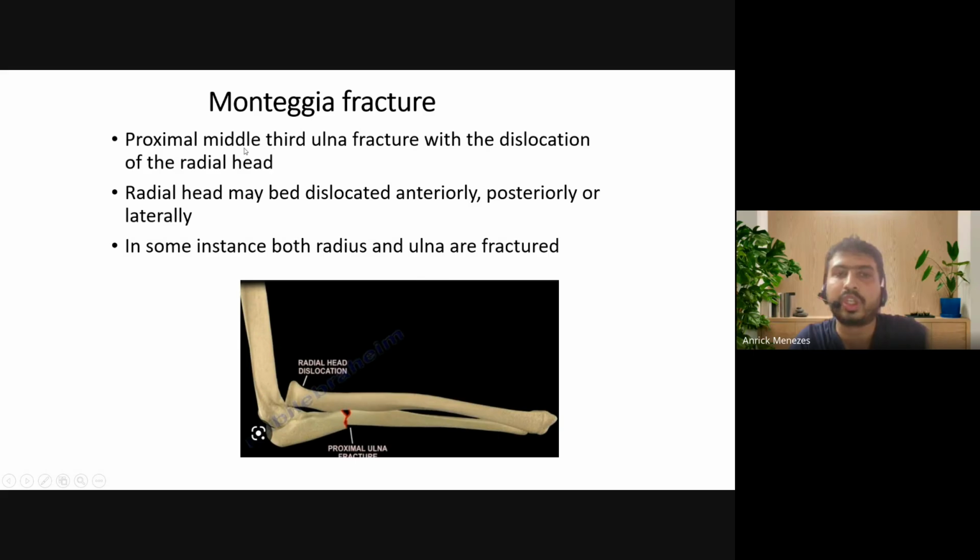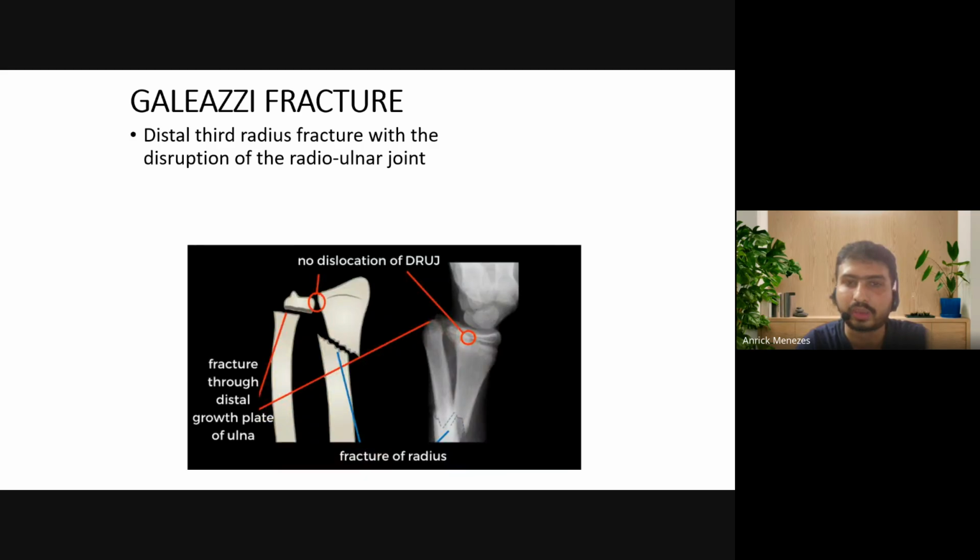If you skip one thing, if you just say proximal third, it's different. A proximal middle third ulnar fracture with dislocation of the radial head is the correct definition for the Monteggia fracture. The radial head may be dislocated anteriorly, posteriorly, or laterally. In some instances, both radius and ulna are fractured. We call it a both bone fracture.